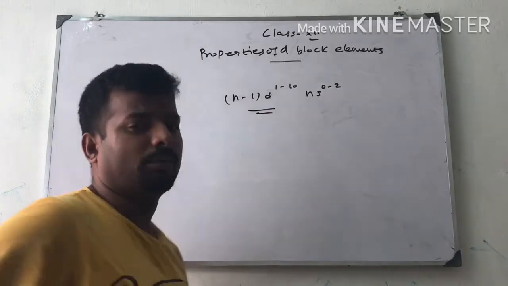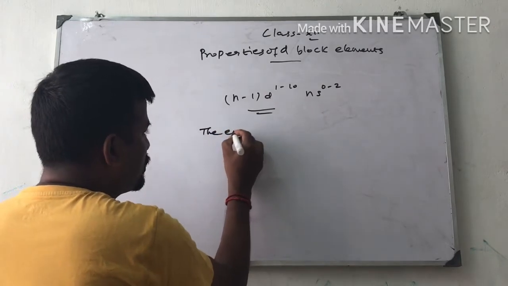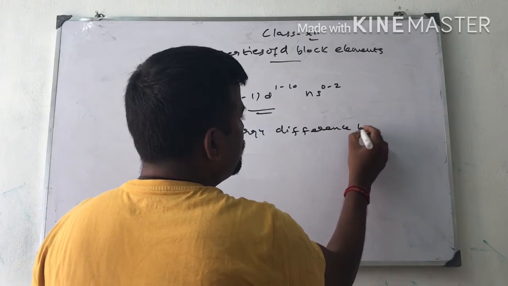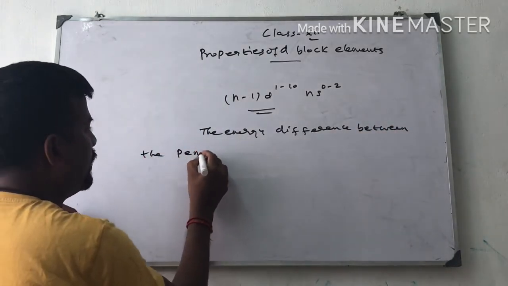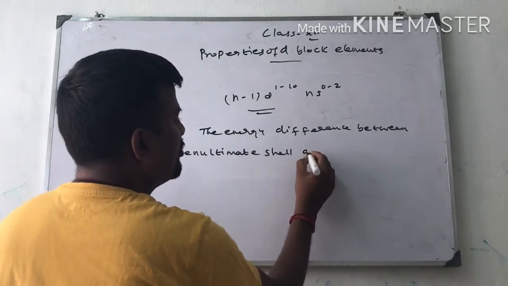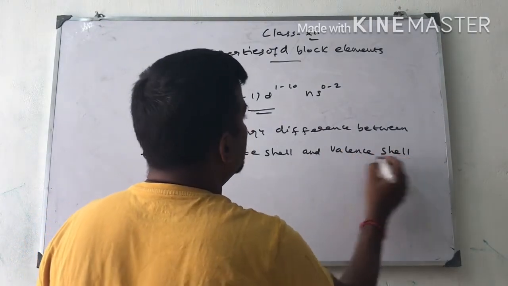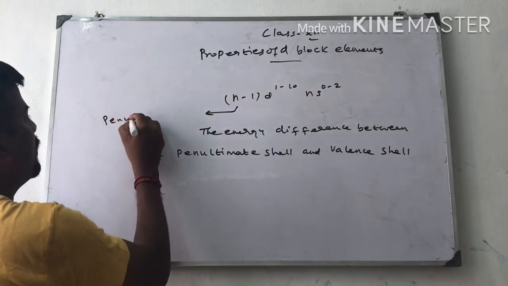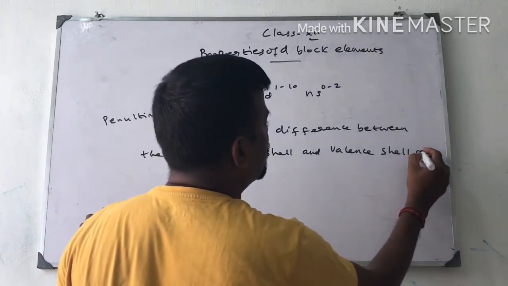This is the electronic configuration of D block elements, in which the energy difference between the penultimate shell and the valence shell is very small.